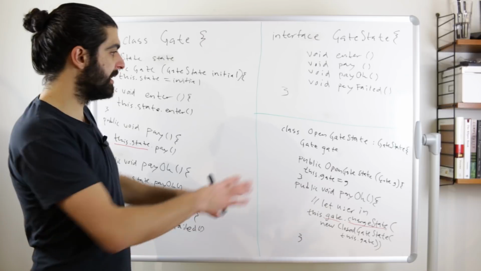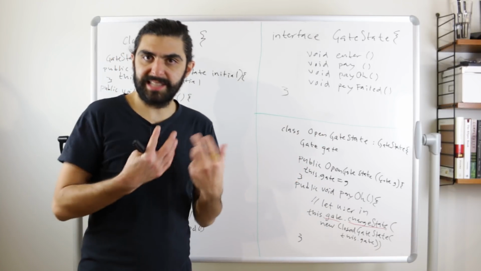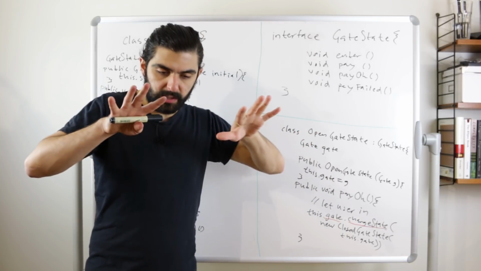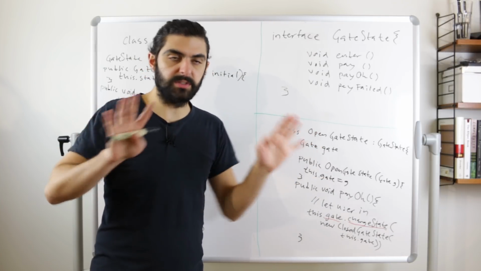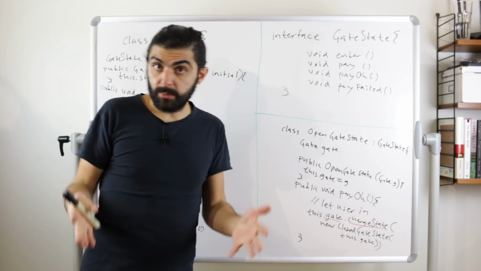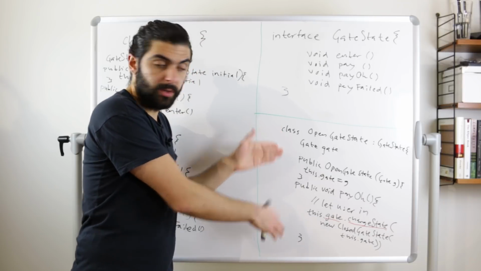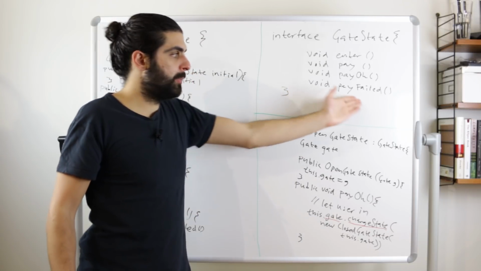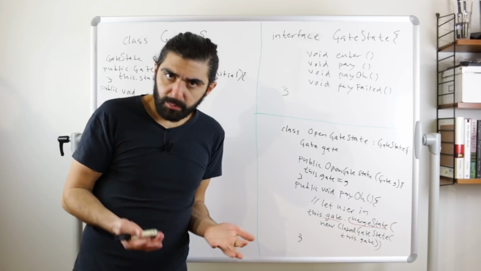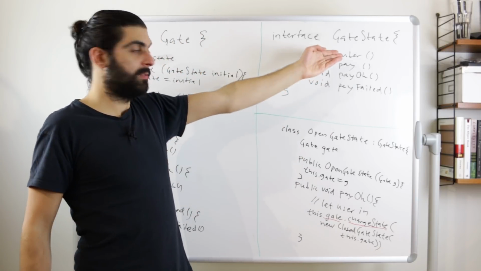What is duplicated is essentially the method calls. But in some sense that's very good, because then static typing, or the compiler, can help us enforce whether we have indeed implementations for all of the methods or whether we don't. So in other words, if we started to build the closed gate state, for example, and we forgot to add the method pay failed, we wouldn't even be able to compile, because pay failed is required by something which is of type gate state.